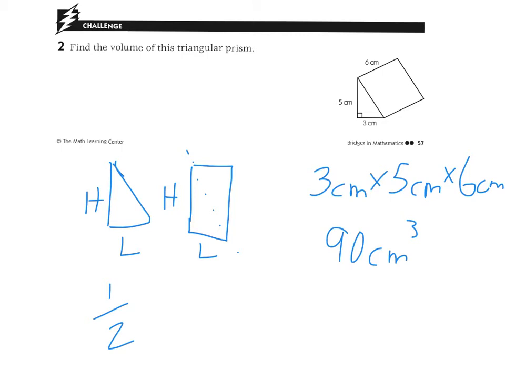If we were to have two of these triangular prisms placed on top of each other, that would make that rectangular prism. So we can visualize that this triangular prism is going to be half of the rectangular prism. So we would divide this by 2 to find out that it was 45 centimeters cubed.